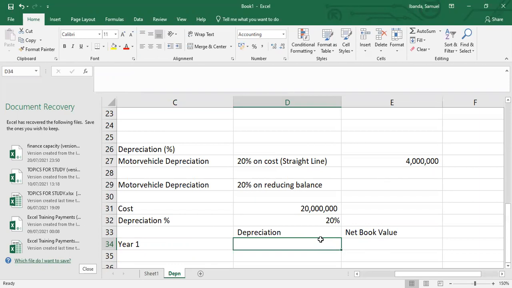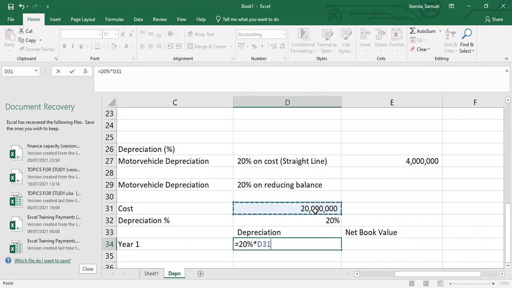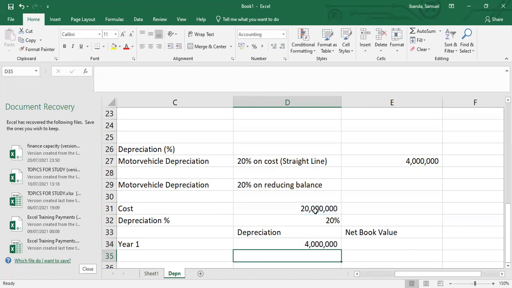Okay, so if this is year one and we want to calculate our depreciation, it will definitely be 20% times the cost, which is 4 million.